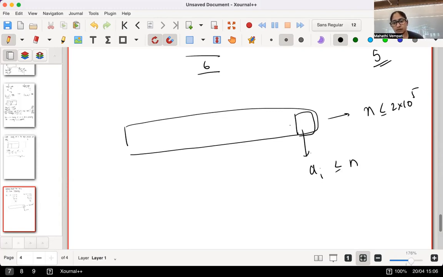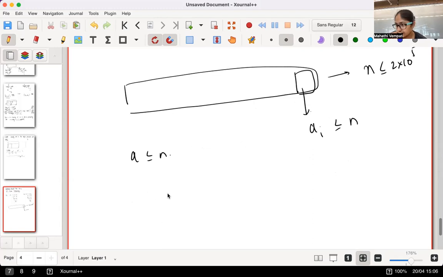So what you can do is, suppose a is less than or equal to n, right?